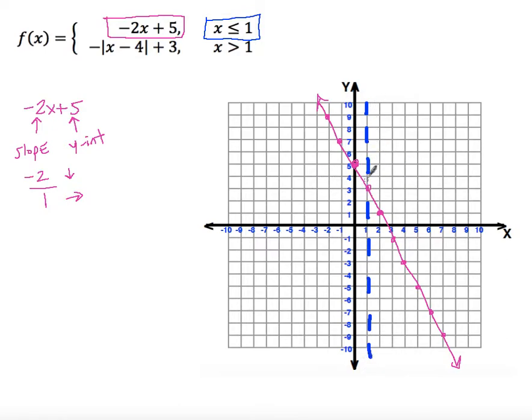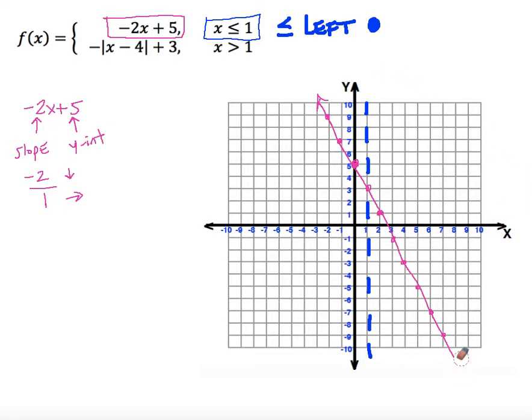So we have to decide, do we want the stuff to the left of the blue line or do we want the stuff to the right of the blue line? Well, that boils down to this inequality symbol here. Since it's a less than or equal to, that means we need to stay to the left of the blue line. And because it has an or equal to symbol, that means that wherever it hits the line, we're going to have a closed dot. So I need to stay to the left.